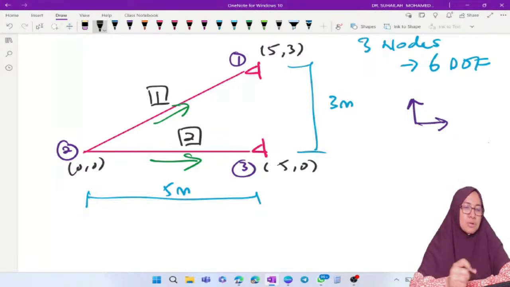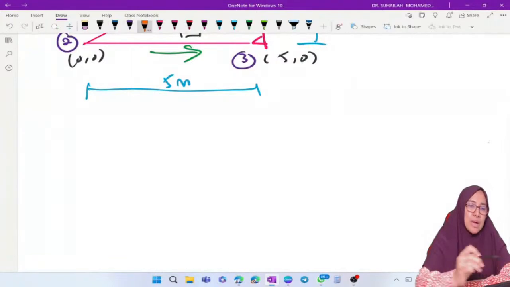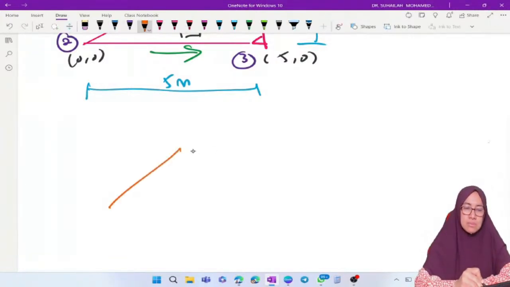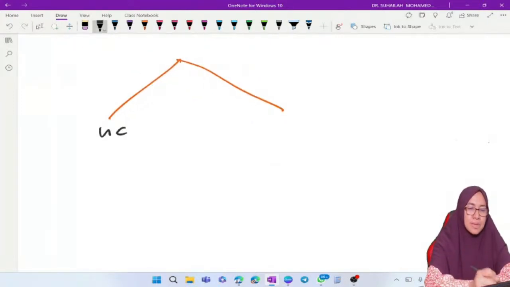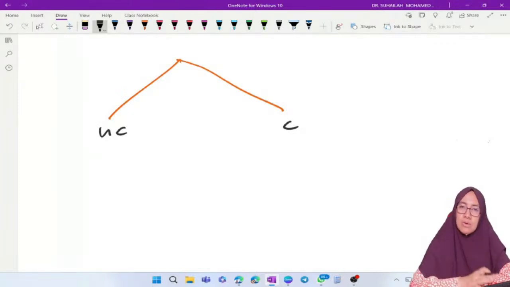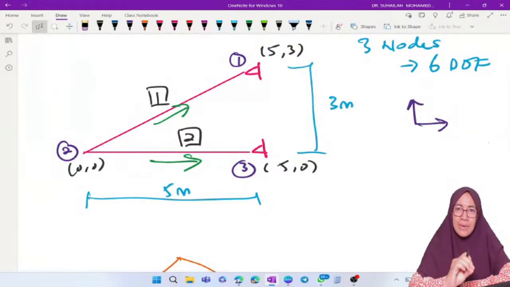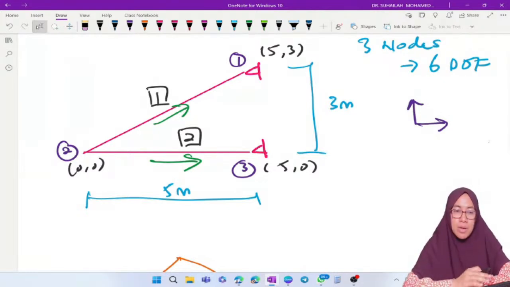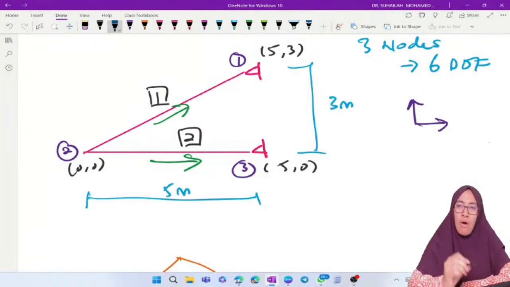Okay, so now we want to label the degrees of freedom. In order to do that, normally I will sketch according to the unconstrained and constraint system. After that, I will look at the diagram, and from the support, there are 4 unknown reactions.